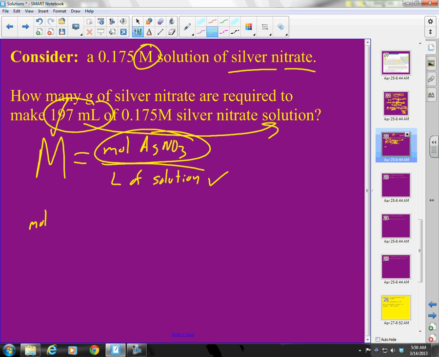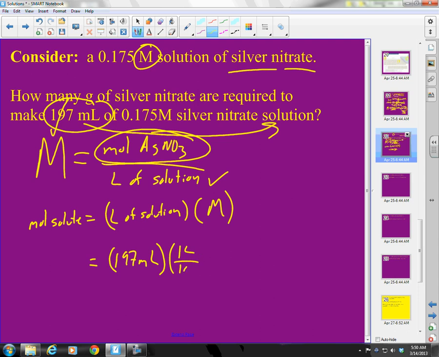So moles of my solute equal liters of solution times molarity. That's another way to use this concept. What are my liters of solution? I have 197 milliliters times 1 liter per 1,000 milliliters.